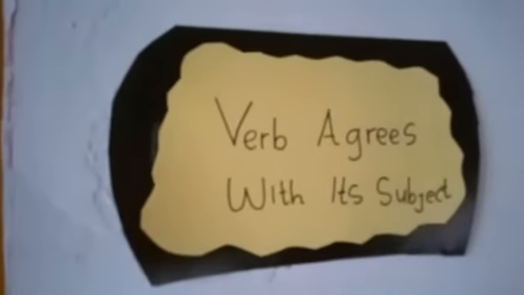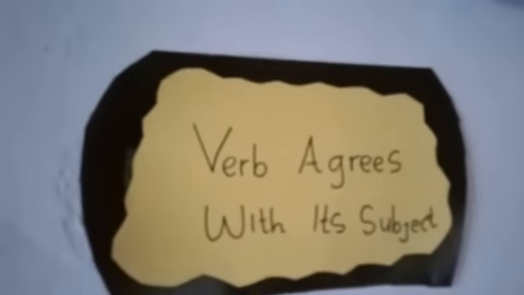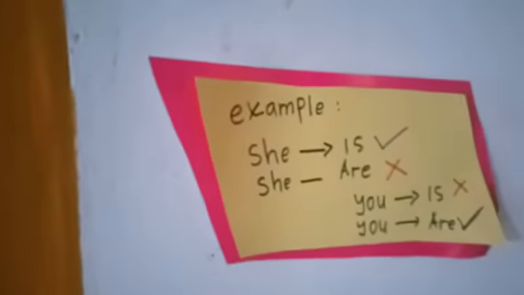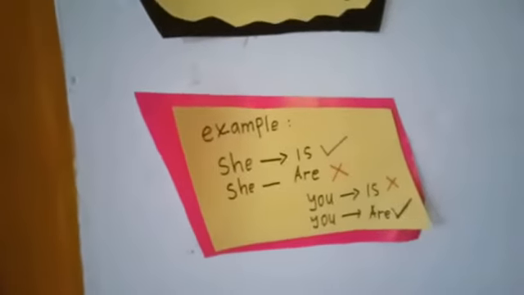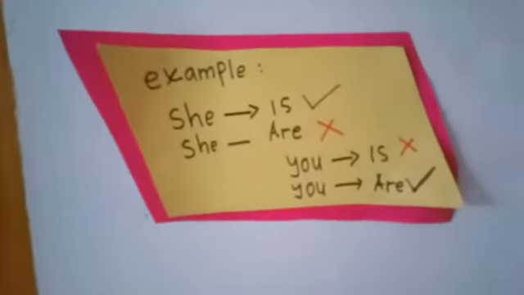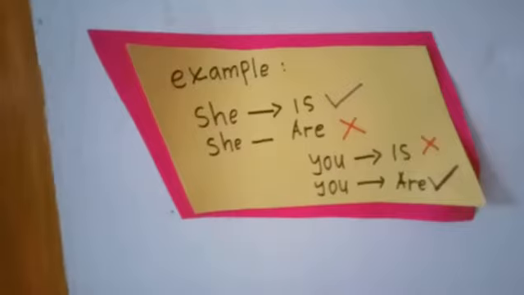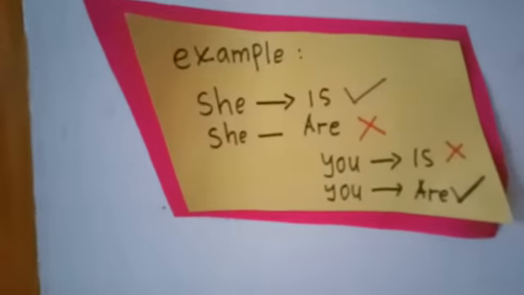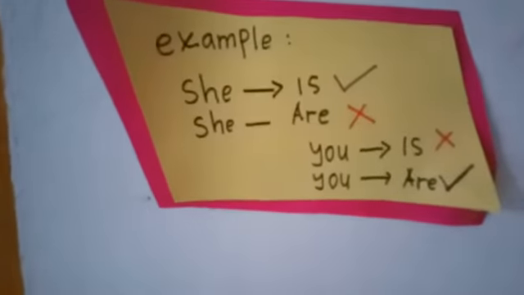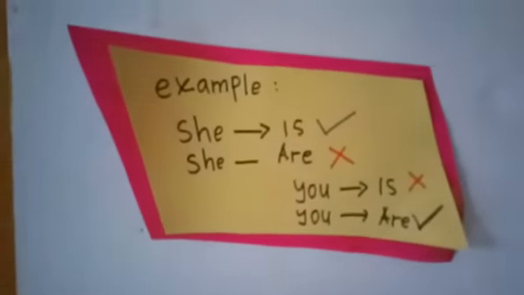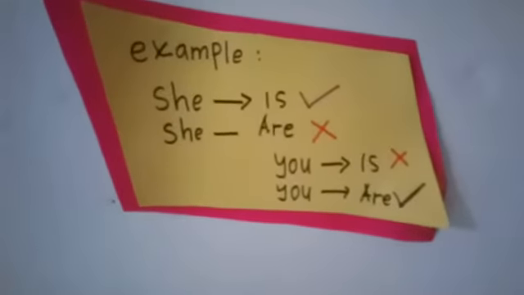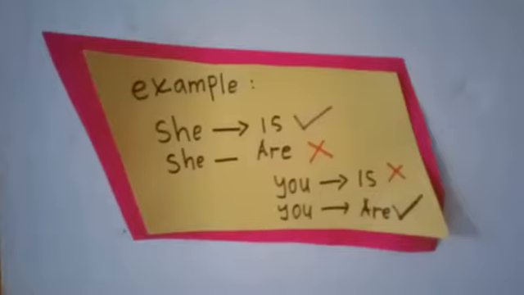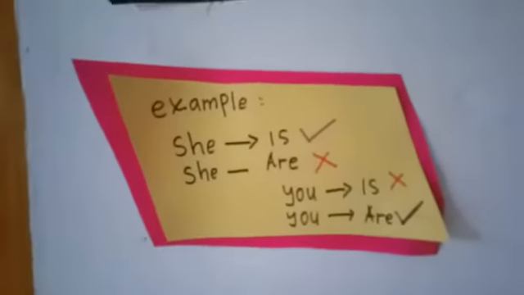I think you have already learned about subject-verb agreement. For example, for the subject she, as you can see here, we have to match this subject, she, with the to be is, not she are. So we can say she is, not she are. And also for the subject you, it is not you is, but it's you are.